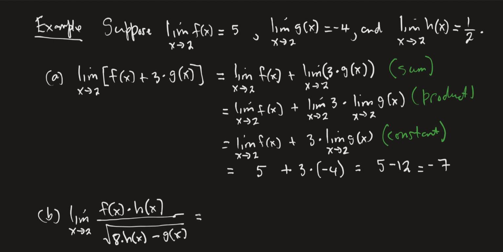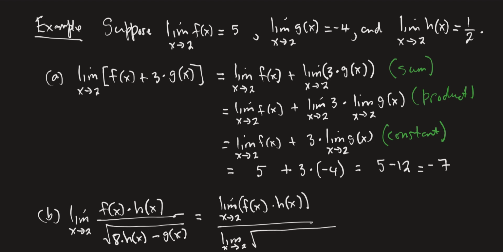Okay, so the first thing that we're able to do is to take the limit of the numerator separately, so I'll put that in parentheses there, and then take the limit of the denominator, which is that square root, right?